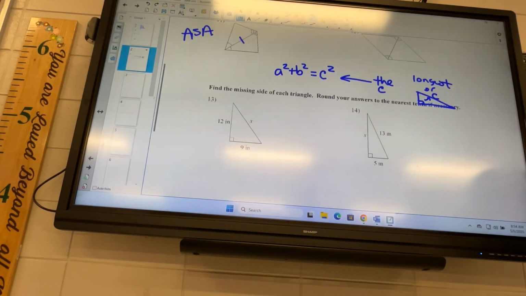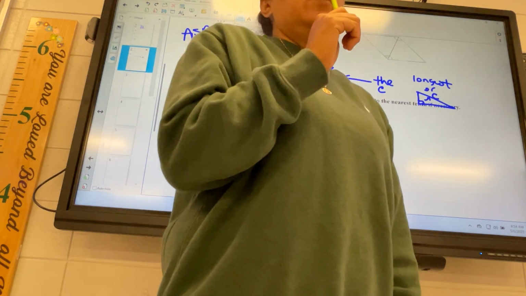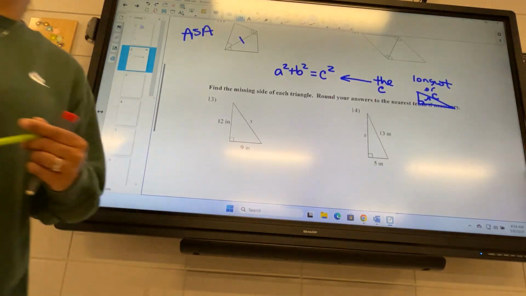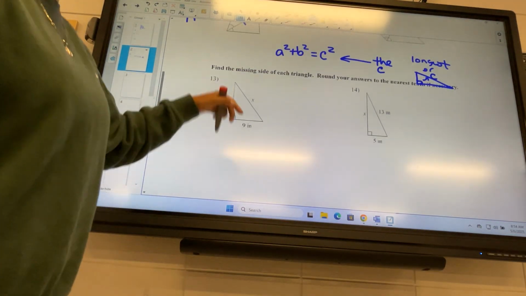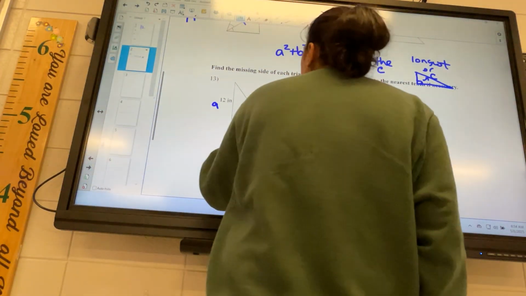So if we're looking at number 13, which one is my c? The x. Look at 14. Which one is my c? The 13. They get solved a little bit differently, but the setup is the most important part. As far as the a and b go, it doesn't matter. You pick one. So we can say this is a, this is b, this is c.